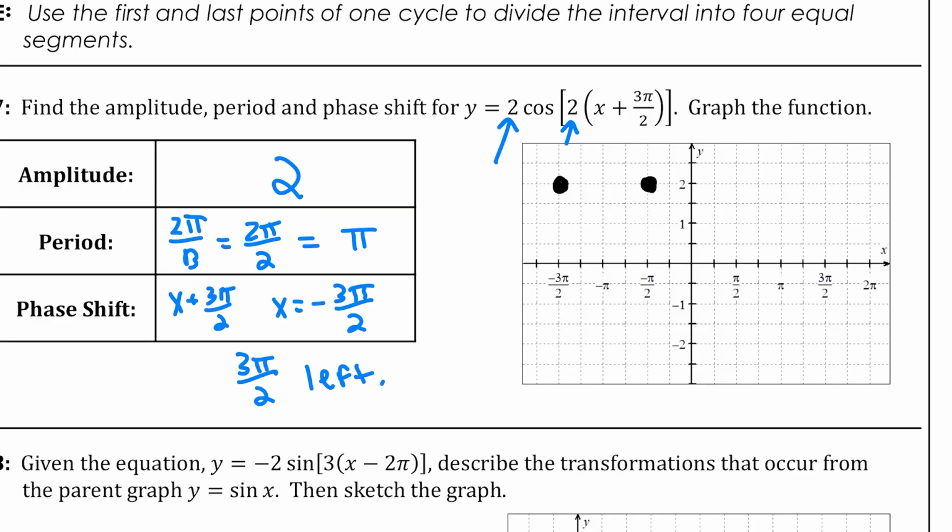Okay, and then based off of just our key points normally of our function, we're now going to figure out, basically we split it down the middle to get our middle key point. You know, that's going to be our minimum in this case. So our minimum is going to be at negative pi.